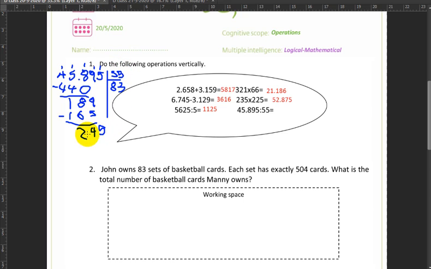And 6 fits into 24 4 times, so I'm going to try 4. 4 times 55 gives us 220. 245 minus 220 is going to give us 25. So our result is 834, and because I have nothing else to carry down, our result is 834 with a remainder of 25. Don't forget the remainder.